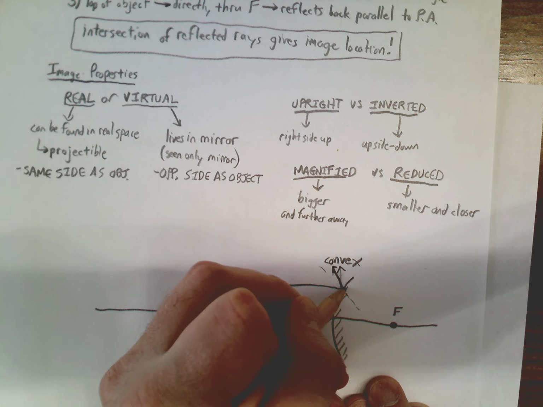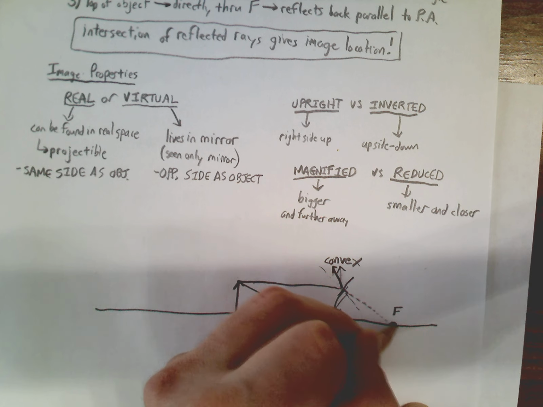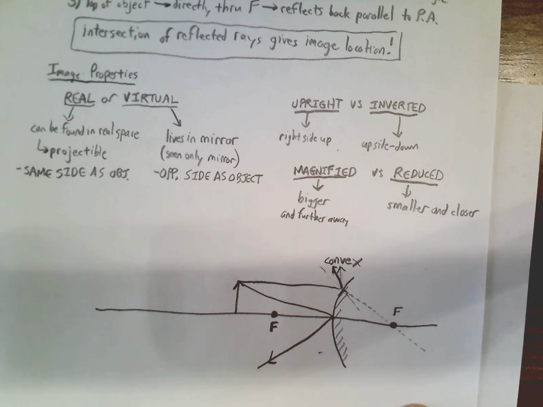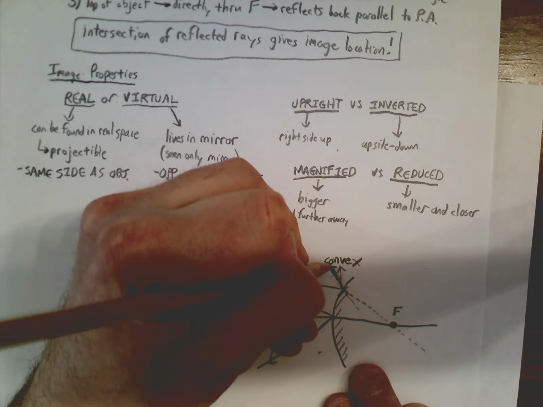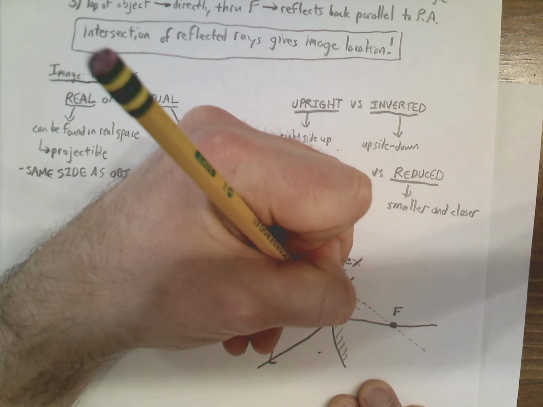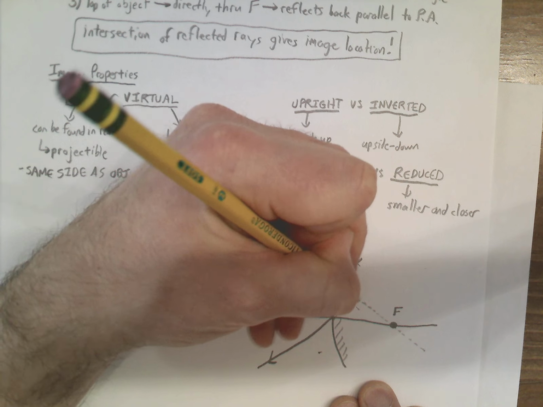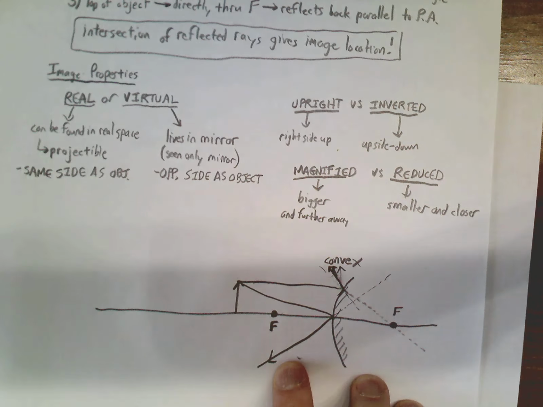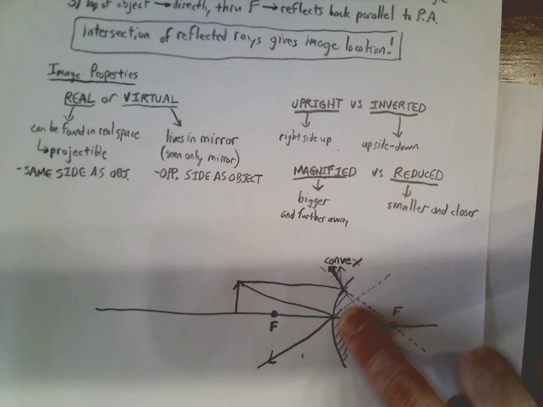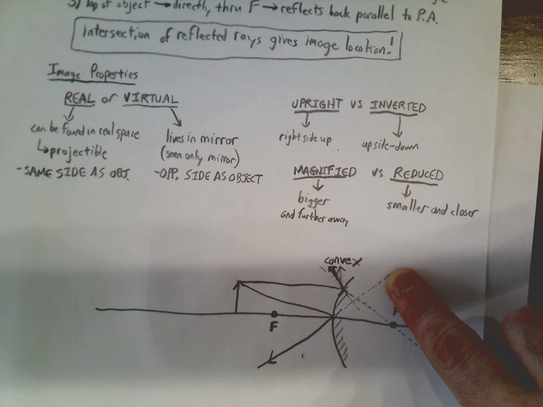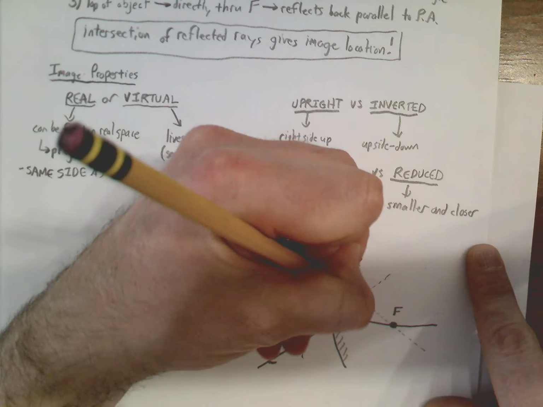It's actually going to be secretly traced back through the focal point this way. This ray here can also be traced backwards. So it's not going to converge in front of the mirror, but we can imagine the reflected ray being traced backwards into mirror land.